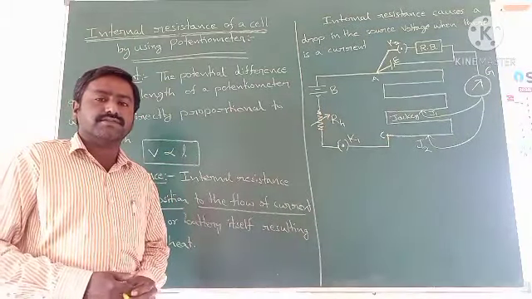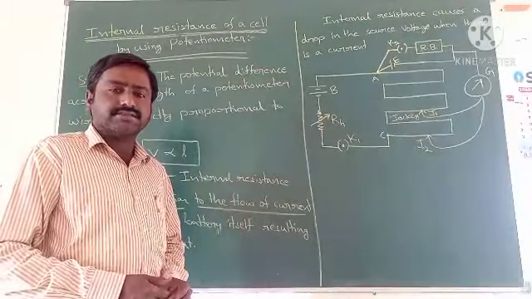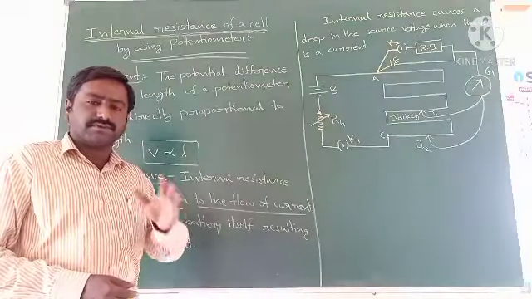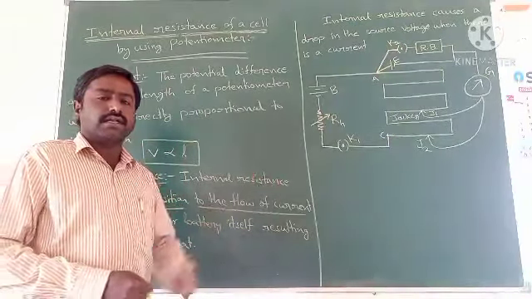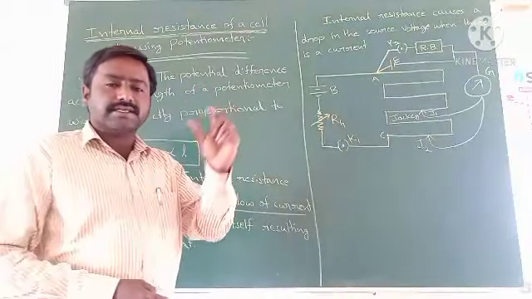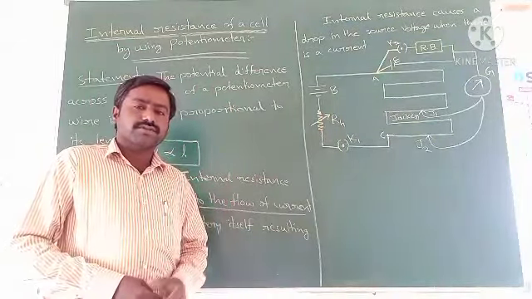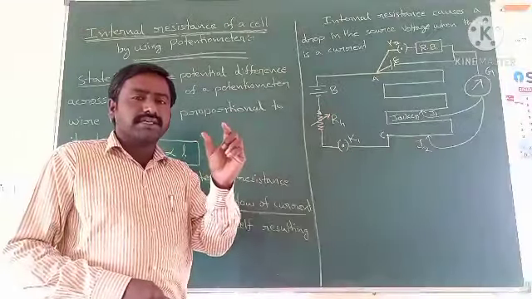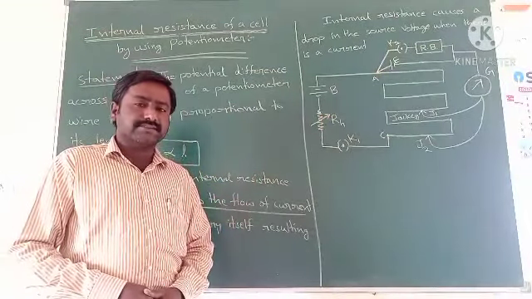According to conservation of energy, we cannot create or destroy energy, but we can change it from one form to another. So because of the internal resistance of the cell, some electrical energy is lost, and that lost energy will be converted into heat energy.